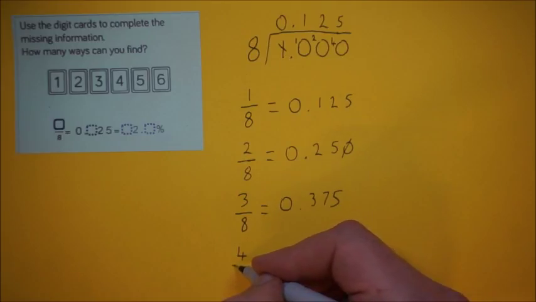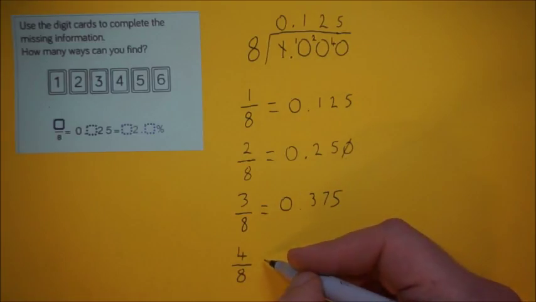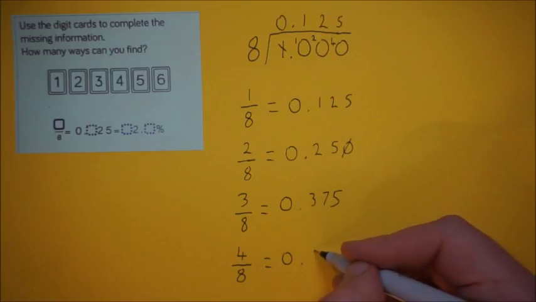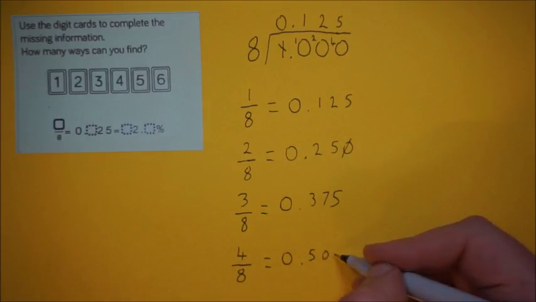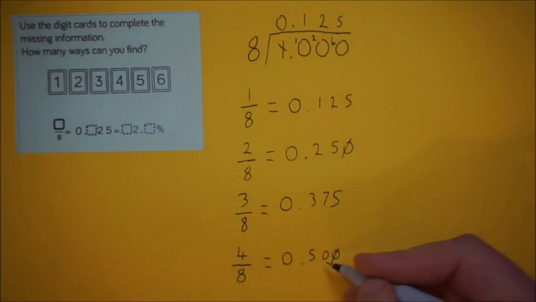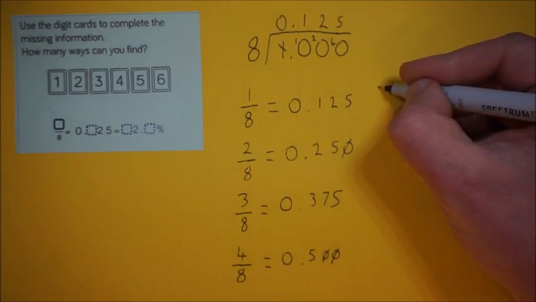Now I'm going to do 4/8. You may have noticed that there are some equivalences going on here, because that one's a quarter, which is why it's 0.25. This one's a half. And if we do our adding on, we'll get 0.500. In this case, we've got 2 redundant zeros. These aren't doing anything, so we can say it's actually just 0.5. Right, we'll go on to 5/8.